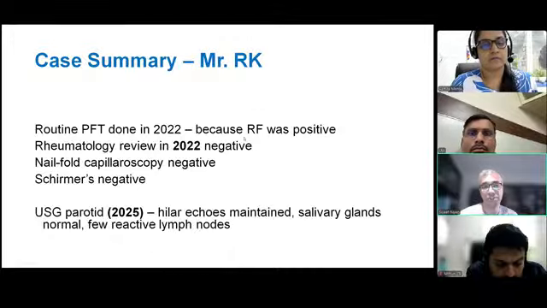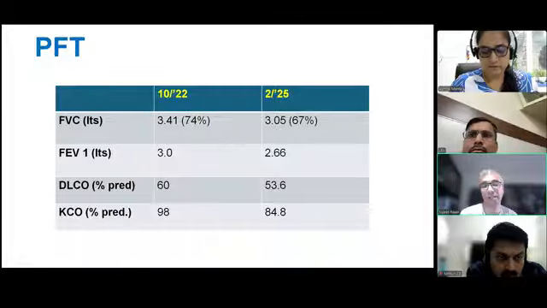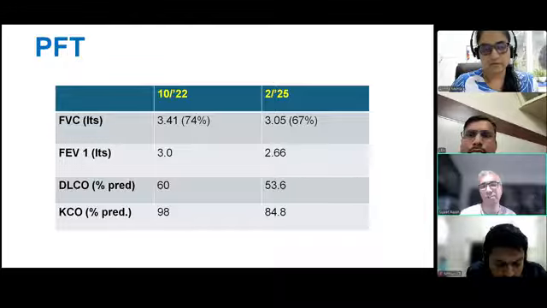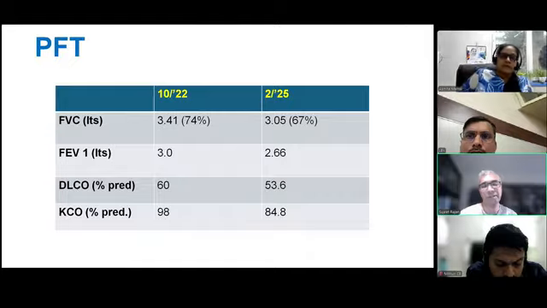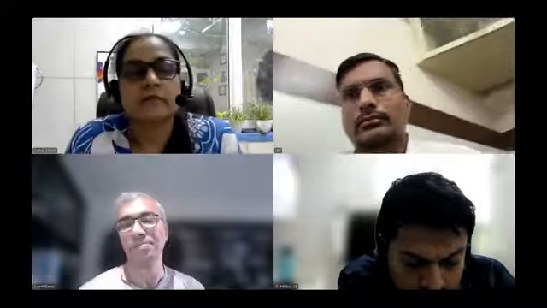His lung function, as I said, he did a routine test in 22. That's what his vital capacity was. The DLCO was 60%, and in Feb 25 a slight drop from October 22. And that's where we are. That's his lung function. And Aparna could bring up the images if possible. Yeah.